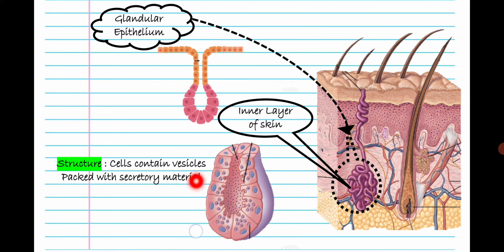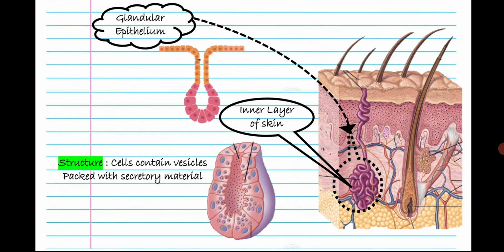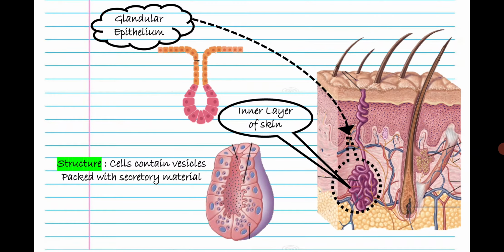Here you can see in these tissues there is a small spherical part. This blue colored one is a nucleus. And there is a small dot-like part which is also present in this cell. These are the vesicles, and these vesicles are packed with the secretory material which is secreted from this gland, sometimes oil, sometimes sweat.